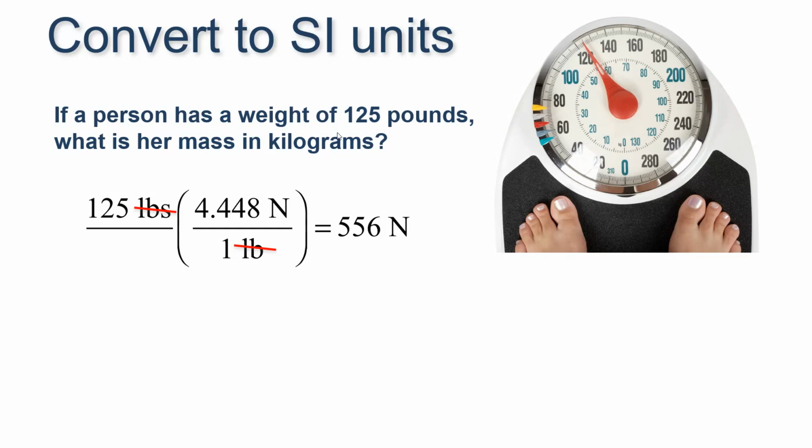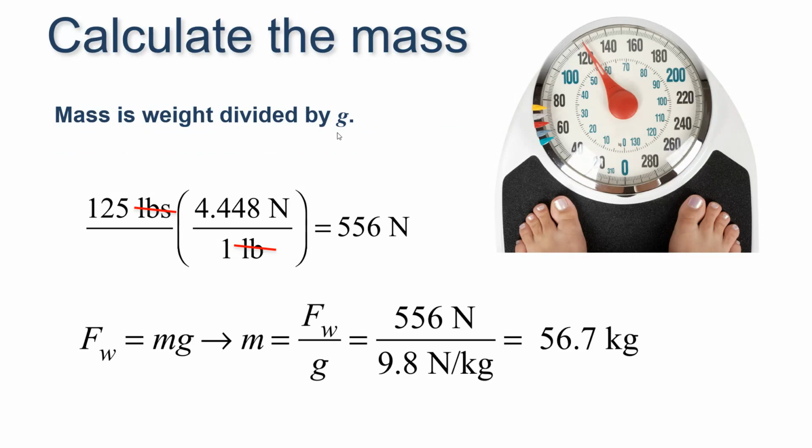So that converts it to 556 newtons. And then we do a little algebra. Basically, we divide that by the 9.8 newtons per kilogram, and you get 56.7 kilograms, right? And that's what I said it was, right? Just by looking at the scale, I was like, well, it's probably 57 kilograms, so that's a pretty good guess.